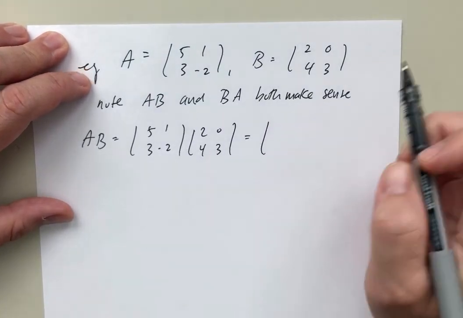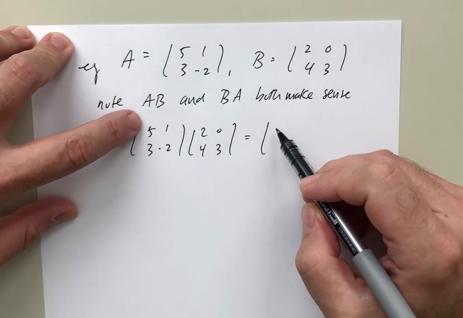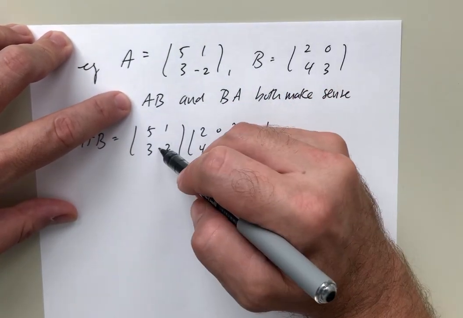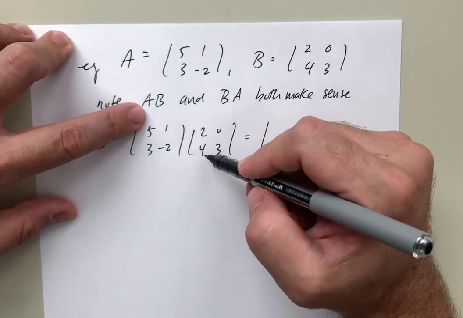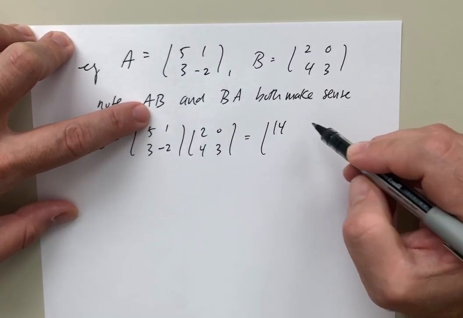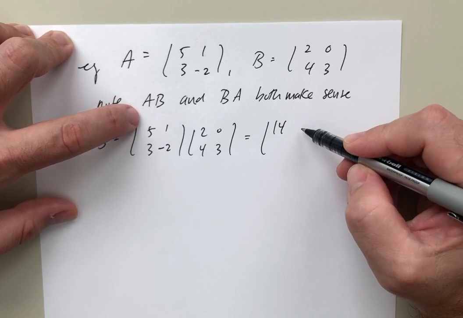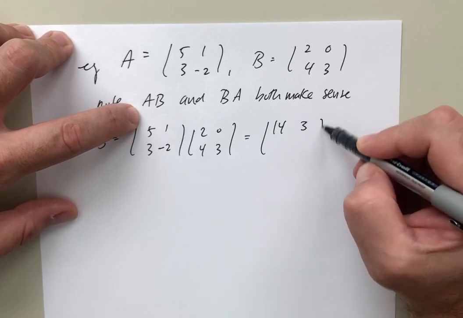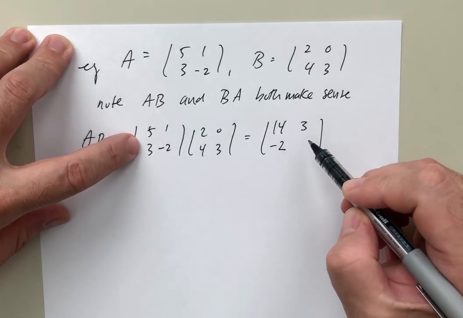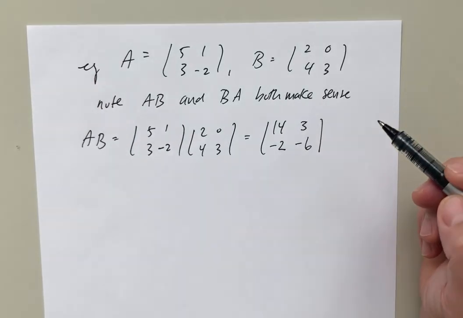This is going to be a 2 by 2 matrix. The entry in the upper left is going to be 10 plus 4, since I'm taking the first row and first column here. So that's 5 times 2 plus 1 times 4, which is 14. The entry in the first row, second column will be 5 times 0 plus 1 times 3. And I get 6 minus 8, and I get a 0 minus 6.